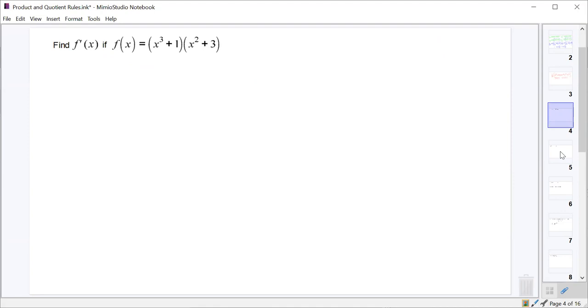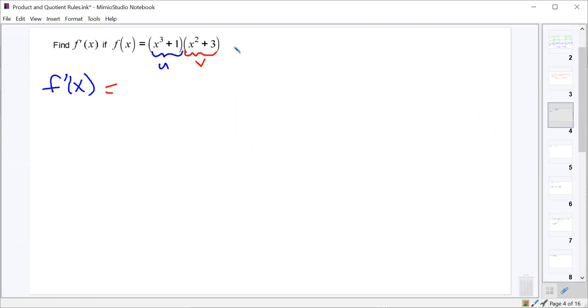So using the product rule, what should f prime of x be? We can call this function our u function, right? And this function can be our v, in a different color. Trying to color code these notes here for all you visual learners out there. So f prime of x should be what?